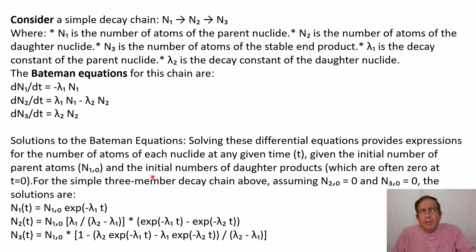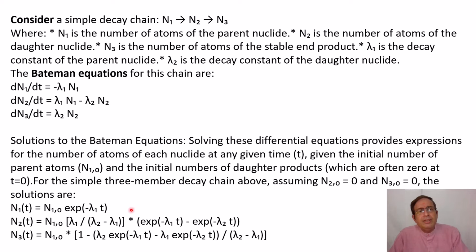And the other initial numbers of daughter products are 0. So considering that N20 is 0 and N30 is also 0, the solutions are given by these three equations. This again requires a certain order of mathematical complexity to solve, but you can simply substitute these solutions into these equations to see that these solutions actually satisfy these three equations.